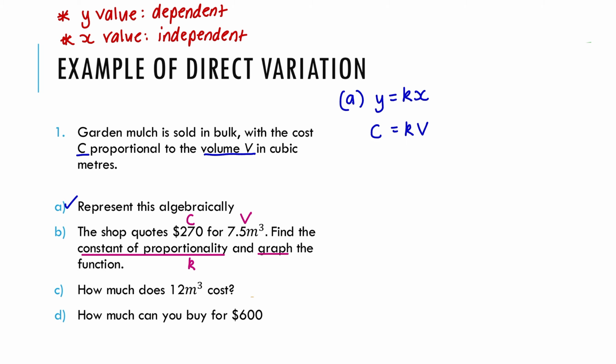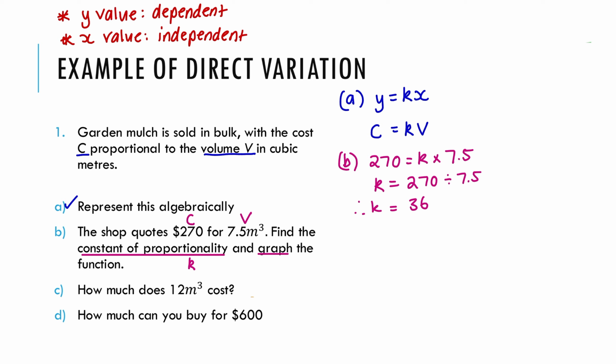So here, what I'm going to do is for B, I'm going to use my formula, and instead of writing C, I'll have 270, which is equal to k multiplied by 7.5. So my k value is 270 divided by 7.5, which ends up being 36.